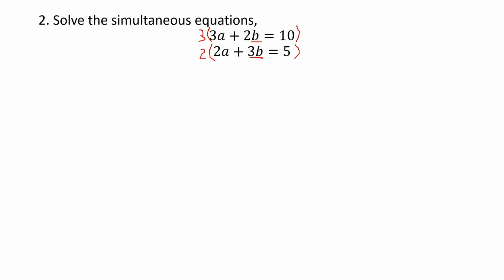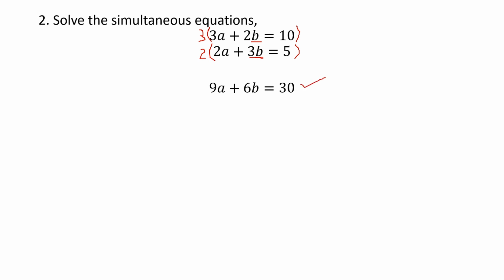Right, in such a way that if we multiply 3 by 3a, we get 9a. 3 by 2b, we get 6b. 3 by 10, we get 30. And we now have this equation.